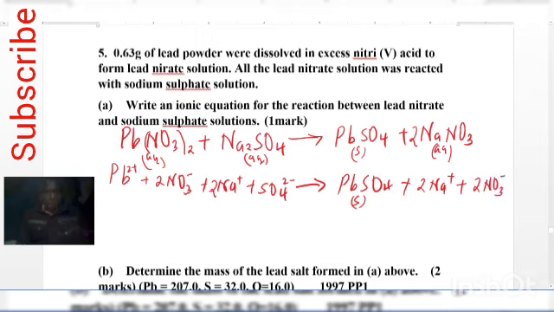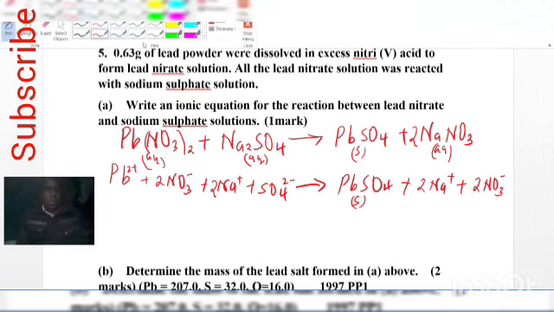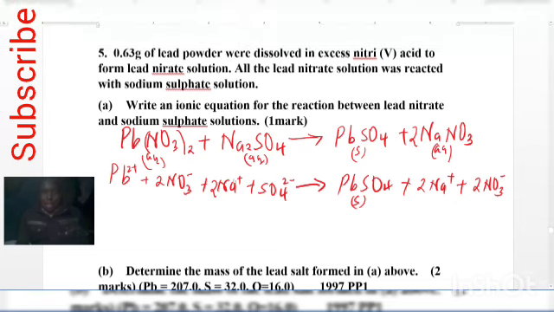Then this one, as you can see, is aqueous, therefore it will form 2Na positive plus 2NO3 minus. So they are the ions you are seeing on the left side, and they are appearing at the same time on the right side. Those are called spectator ions. They cancel out. They have no importance there. So the spectator ions are sodium to sodium, nitrates to nitrates.